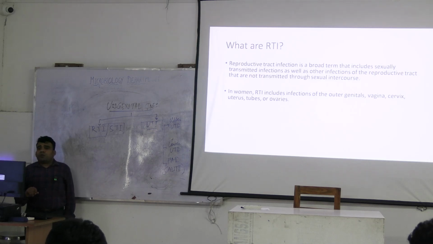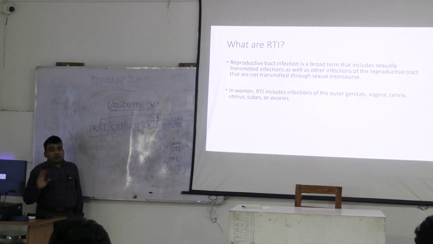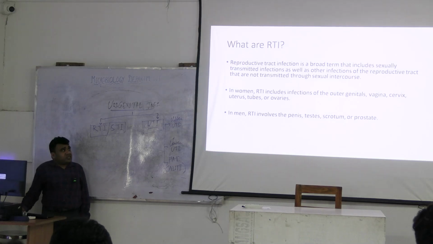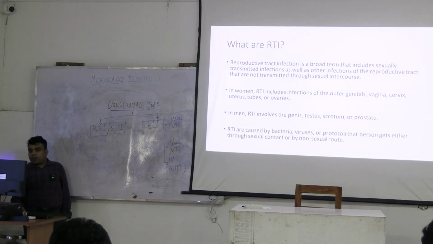In women, reproductive tract infections include infections of outer genitalia, vagina, cervix, uterus, fallopian tubes and ovaries. That is the whole of the reproductive tract. In case of men, it involves penis, testis, scrotum and including prostate. Okay. So prostatitis is a reproductive tract infection, but prostatitis is not a sexually transmitted infection.